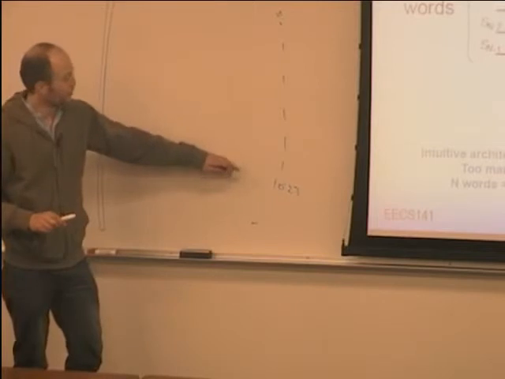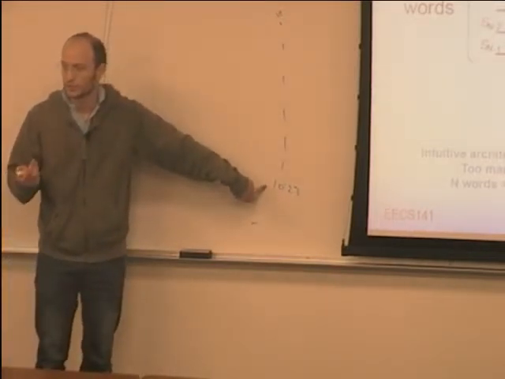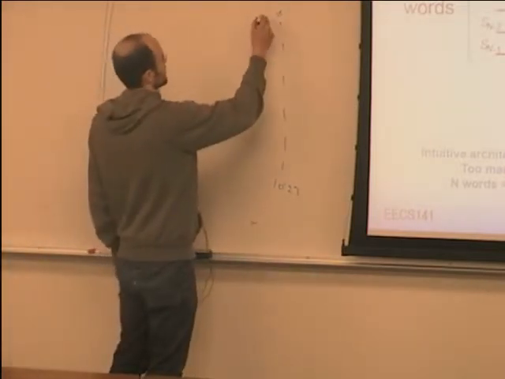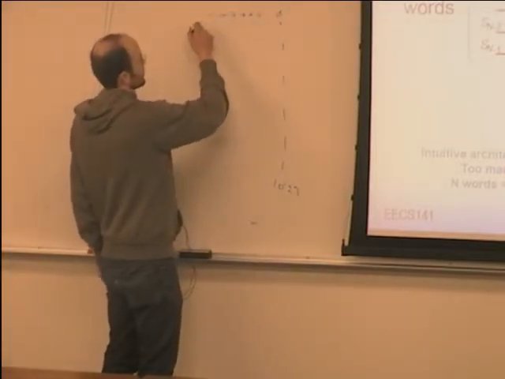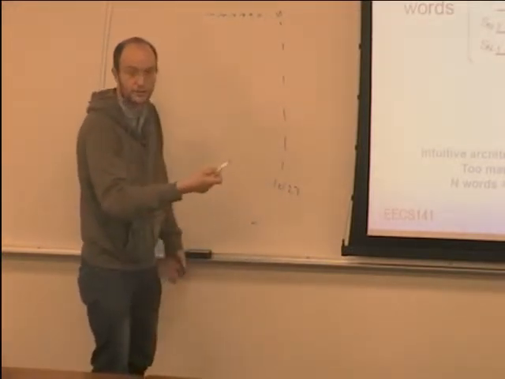Then each of these numbers has a binary representation. So this guy will be 10 zeros, and this guy will be 10 ones.